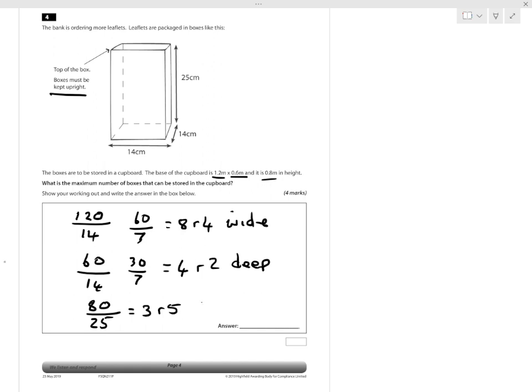So we've got 8 times 4 times 3. That will be how many boxes? 4 eights are 32, 96 boxes.